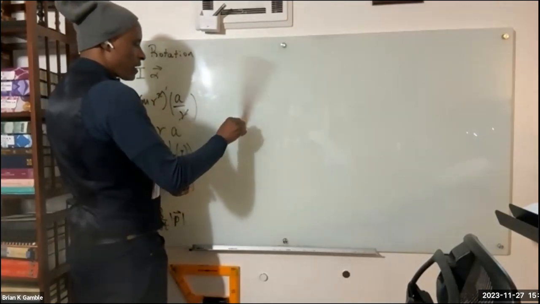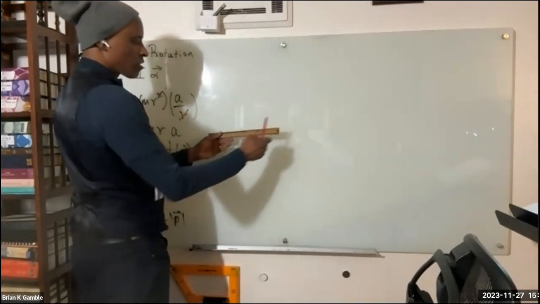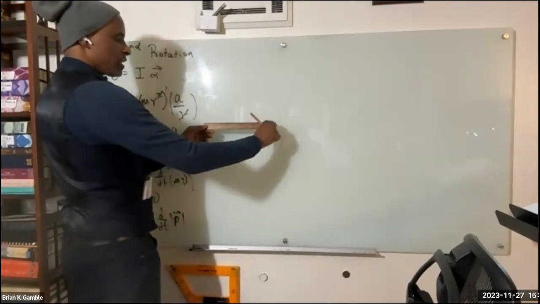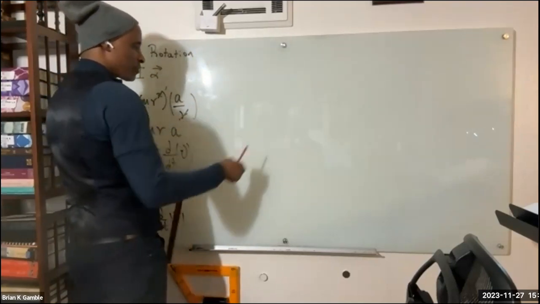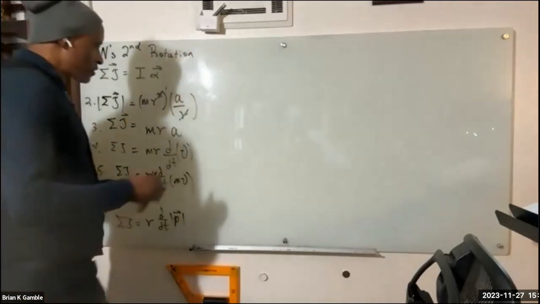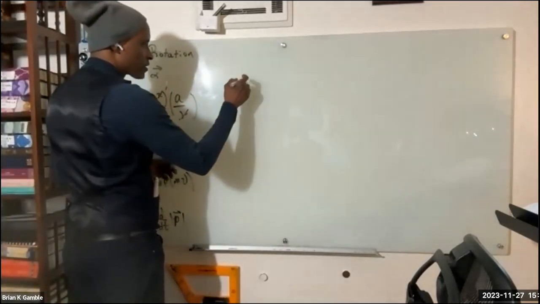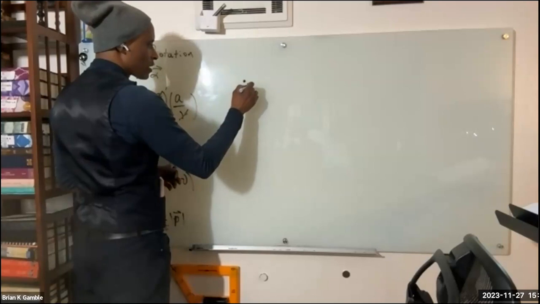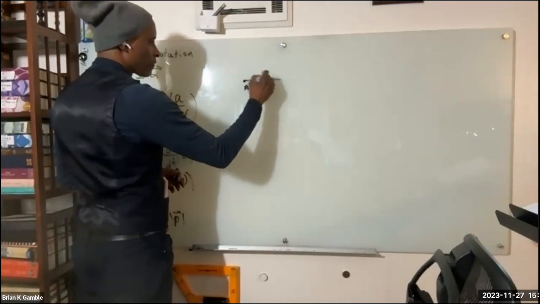So if you think about a mass at a distance r away from the axis of rotation, that distance r isn't changing. So if we were to sketch a version of this from the top down, this picture looks like this. So this is the axis of rotation. The object is spinning.